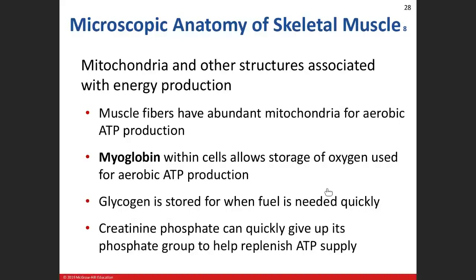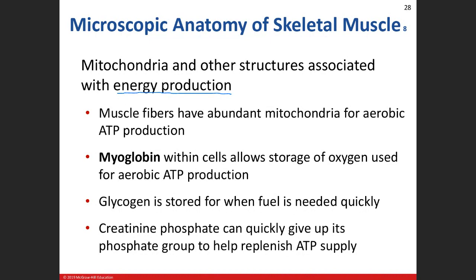So I'm going to get more into the detail about how we produce energy for muscles, especially for muscle contractions, but I want to briefly mention it here, and then we'll talk about it after next class. We learned in chapter 4 that the powerhouse of the cell is the mitochondria. It's the mitochondria that produces the majority of the energy for metabolism and muscular functions, because its job, especially during aerobic cellular respiration, is to produce ATP.